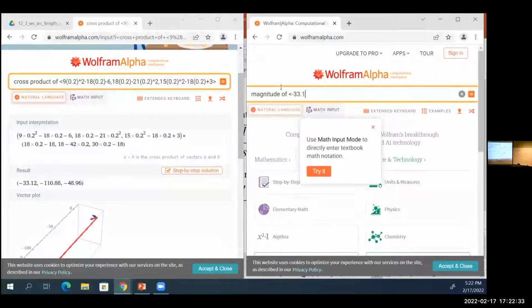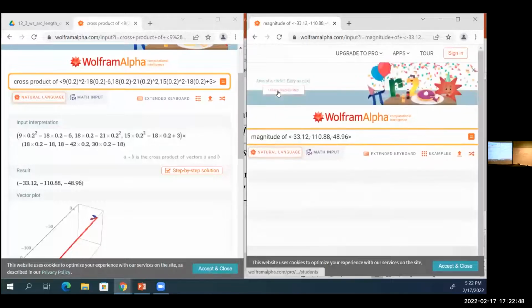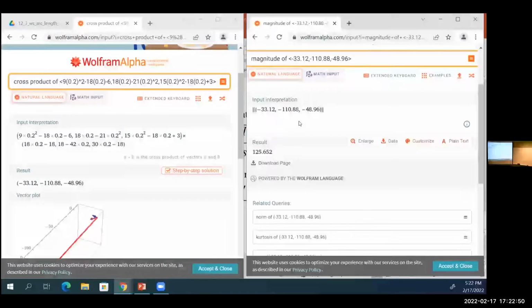Negative 33.12, comma, negative 0.88, comma, negative 48.96. All right, so we get for our formula that the numerator is 125.652.